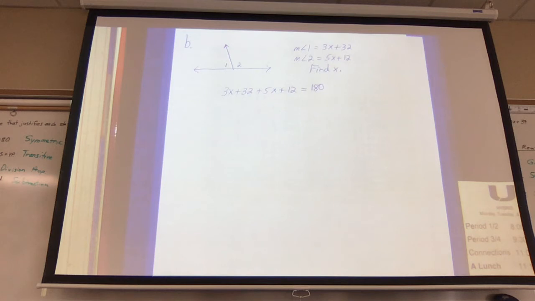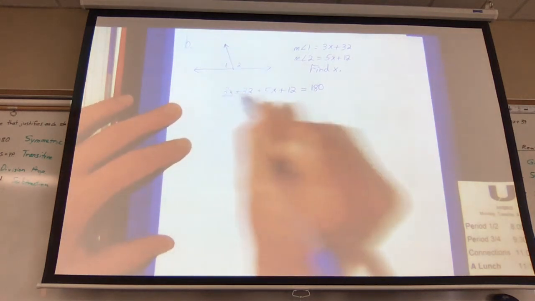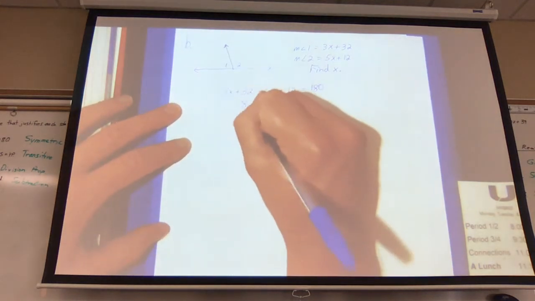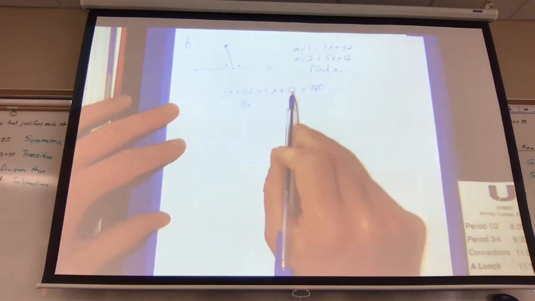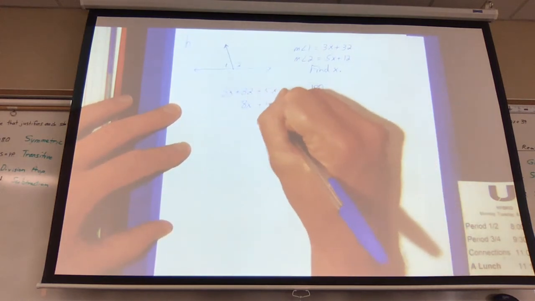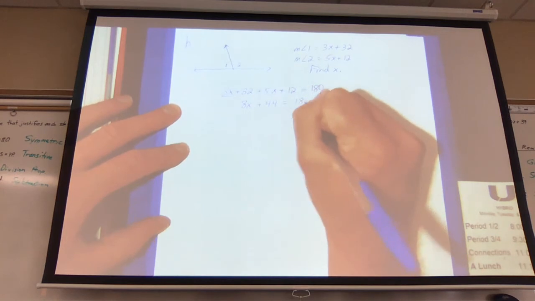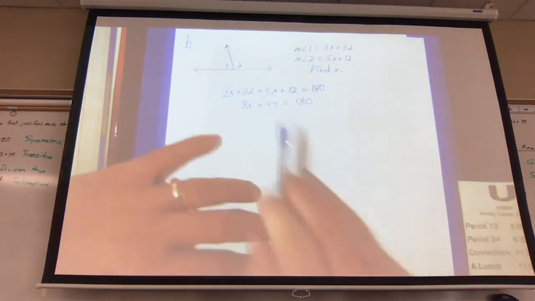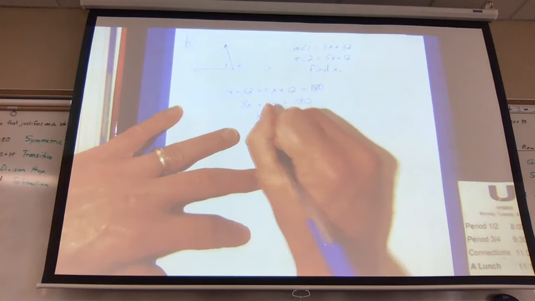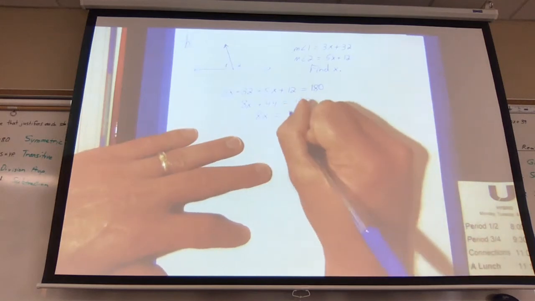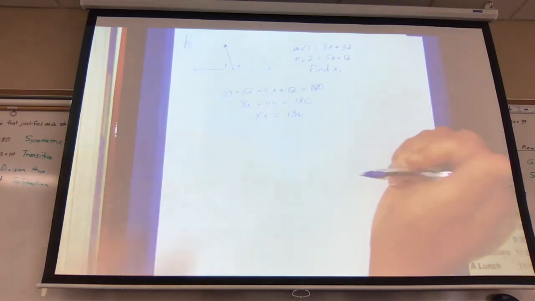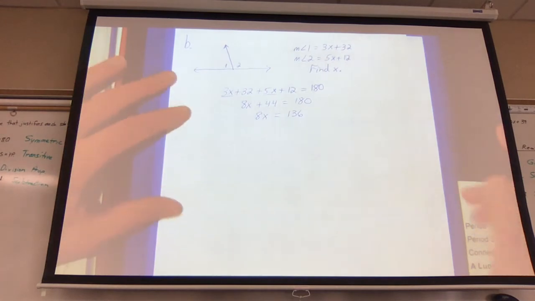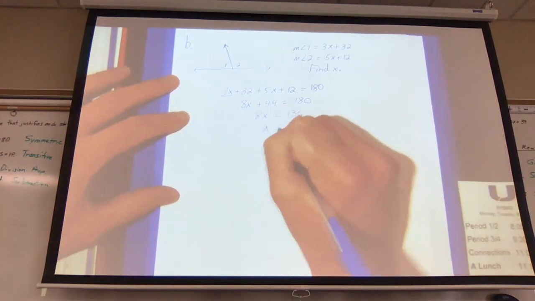And once you get to this point, now it's just a matter of collecting like terms. 3x and 5x add up to 8x. 32 plus 12 is 44. Then if we subtract 44 from both sides, that leaves us 8x on the left and 136 on the right. And then to finish off, we'll divide by 8.